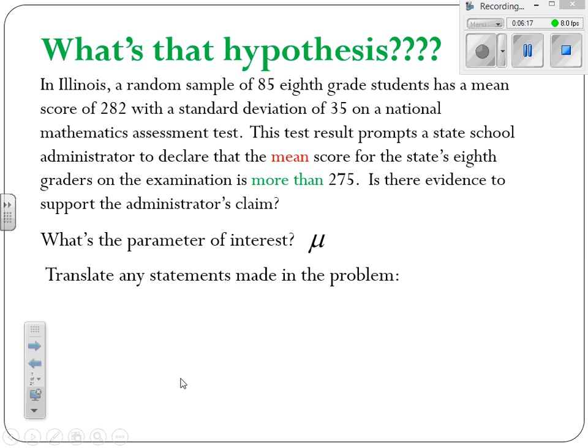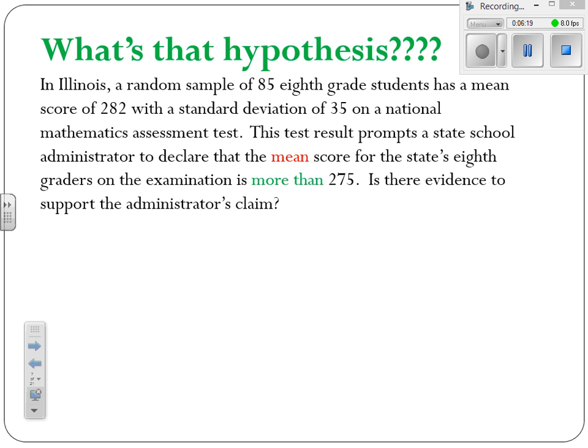If you'll let me go back, you're going to see problems a lot like we saw with the confidence intervals, but this time we're going to set up tests. So this doesn't look all that unfamiliar. In Illinois, a random sample of 85 8th grade students had a mean score of 282 with a standard deviation of 35.